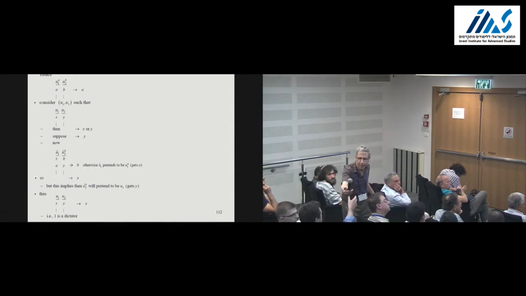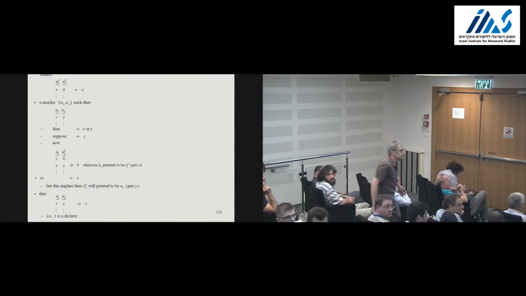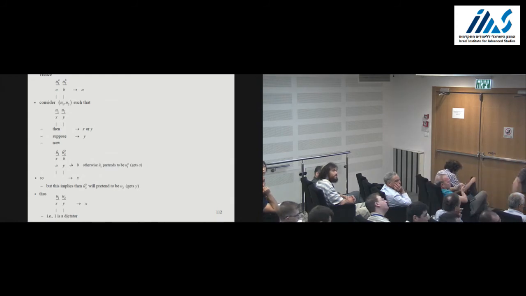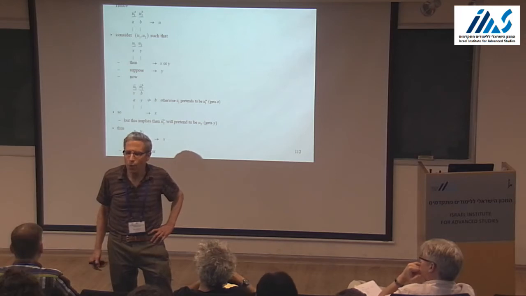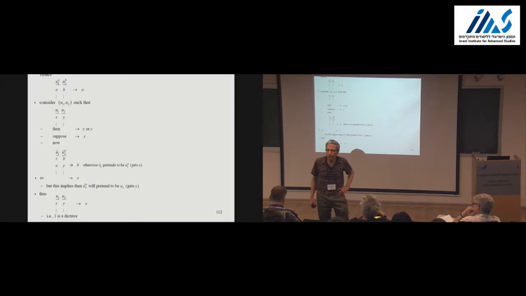If you could pass the mic along. So what happens if you assume that there are infinitely many possible outcomes? That's fine. This argument doesn't rely on a finite number of outcomes at all. I guess it's not straightforward what it means to be dictatorial then, because you might not have a favorite outcome at all.